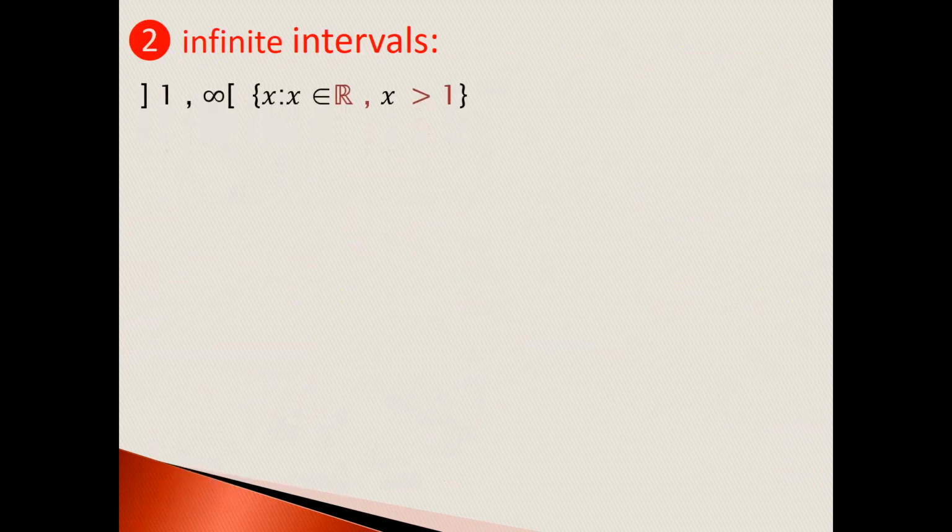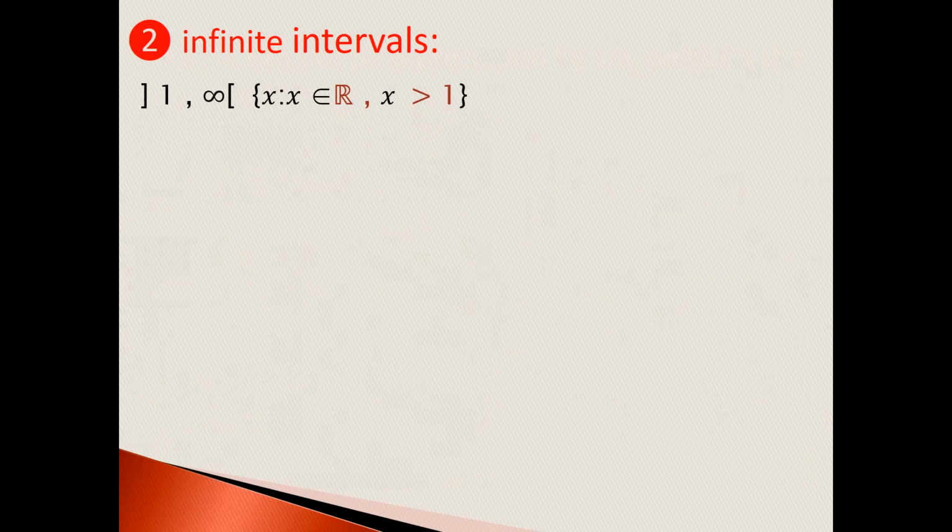Infinite interval. The infinite interval will always be open. An example here: 1 and infinite, 1 open and infinite open, it is always open, meaning x such that x belongs to R, x more than 1, so it goes to positive infinite.